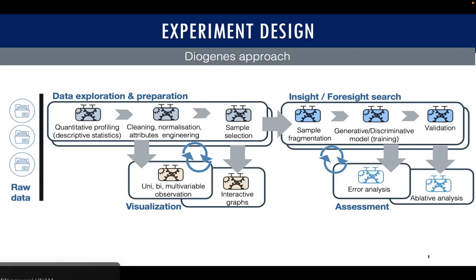So first of all, the very first profile that we have to make is a statistical quantitative profile, which means evaluating statistical metrics on the values stored in our data collection.